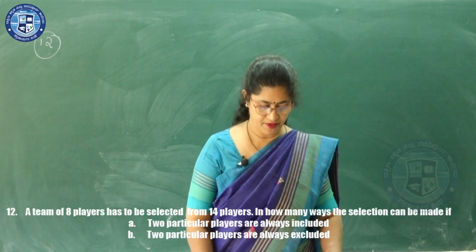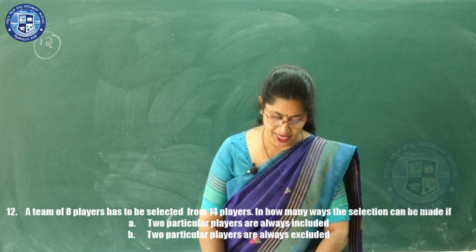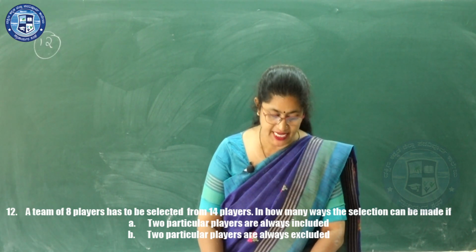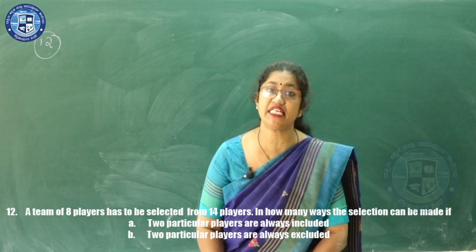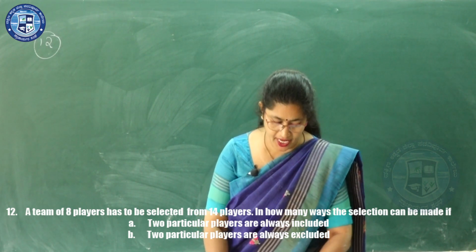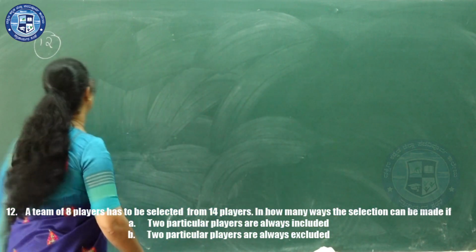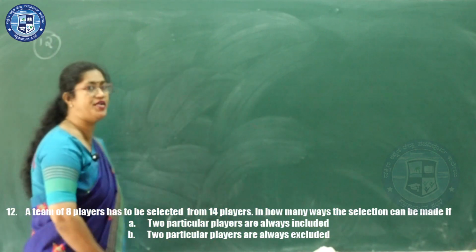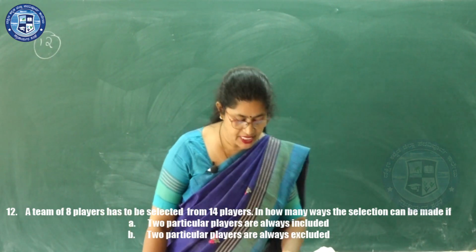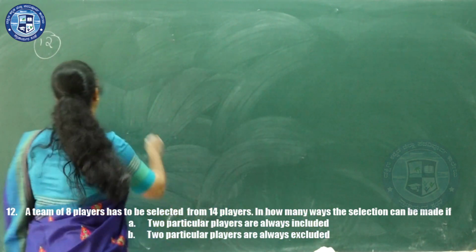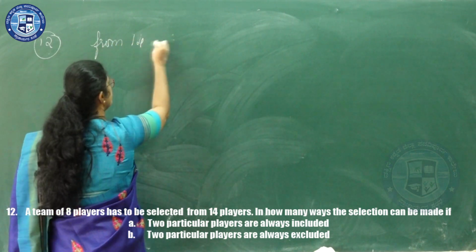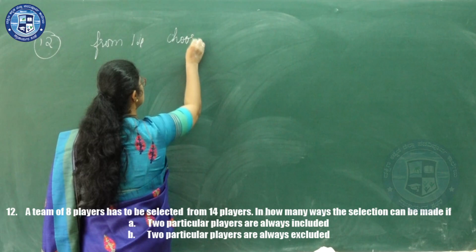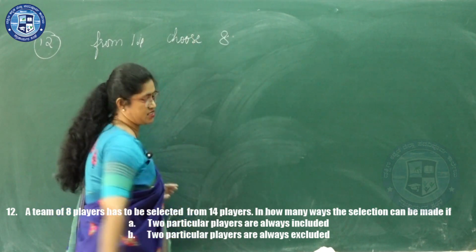Question number 12. A team of 8 players has to be selected from 14 players. In how many ways can the selection be made? A. If 2 particular players are always included. So first let us see what is given. From 14 we have to choose 8 players.